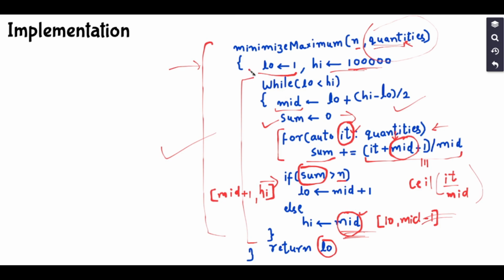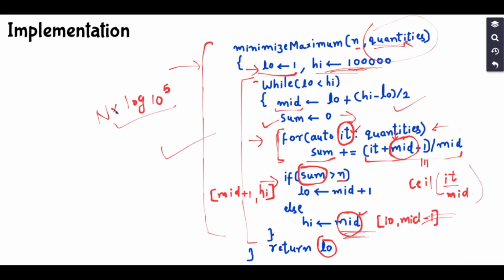We can see that we are just performing a binary search and the range is constant. For any test case, we just have to perform the binary search over this search space of size 10 raised to the power 5, so that would give me log of 10 raised to the power 5, while for these number of iterations, we have to iterate over the array here, that is n.